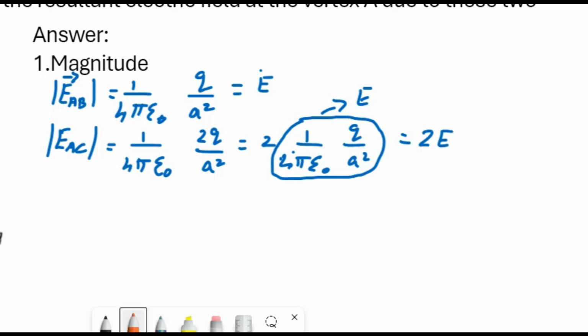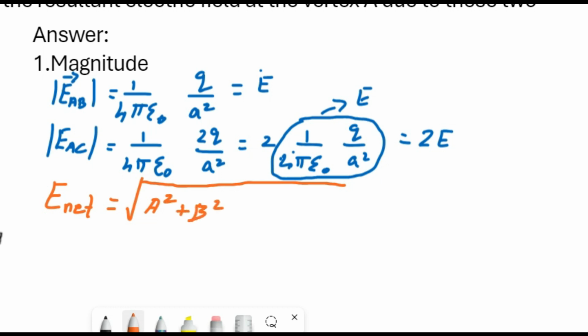Now what we are going to do next is write the resultant equation. So the equation I said before, that is E net, we can say here. Resultant E net is equal to square root of, instead of a square plus b square plus 2ab cos theta, here the first vector is E. Here a is E and b is 2E.